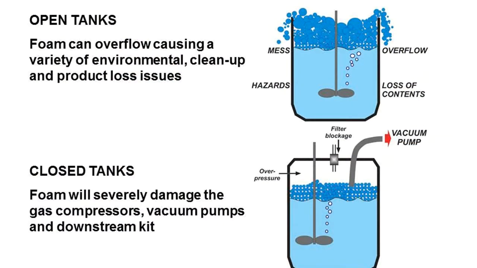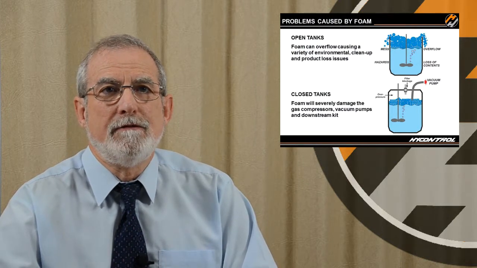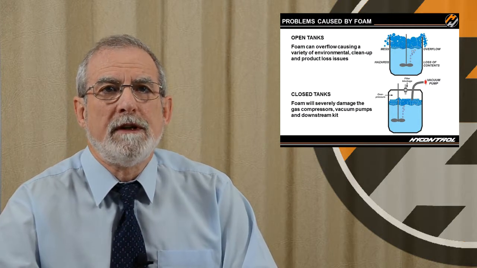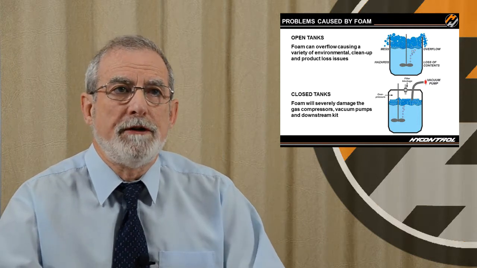So we characterize foam in two situations. One is open tanks where the foam can actually escape from the top and go onto the floor. There's nothing to stop it getting out. So it's ambient pressure.